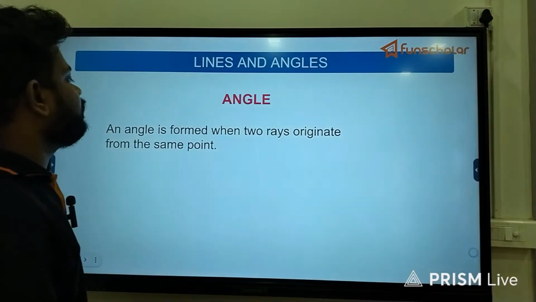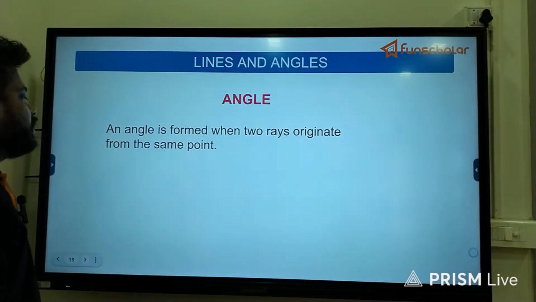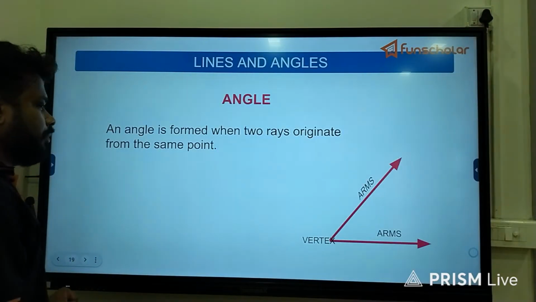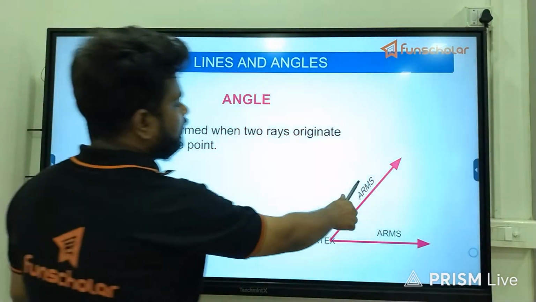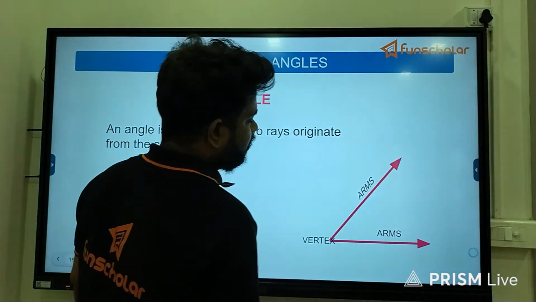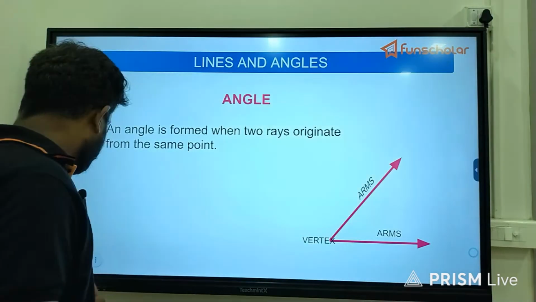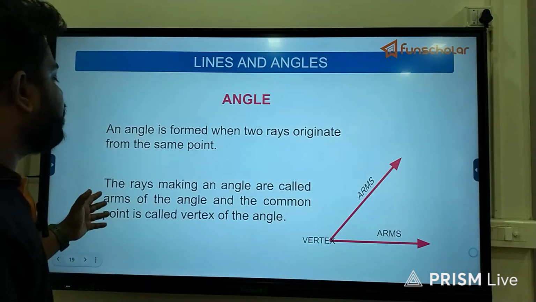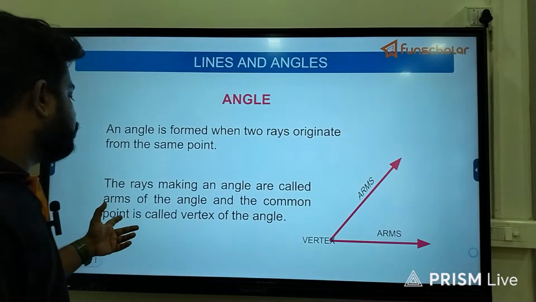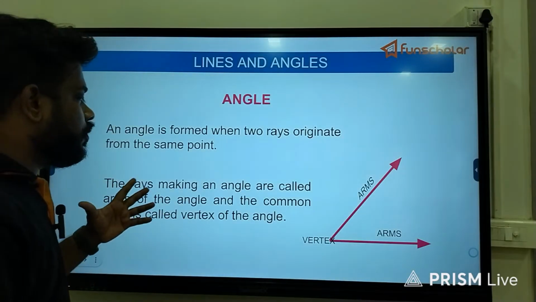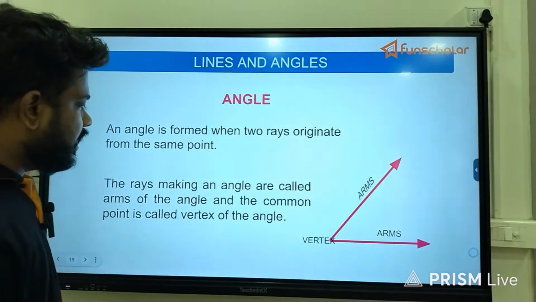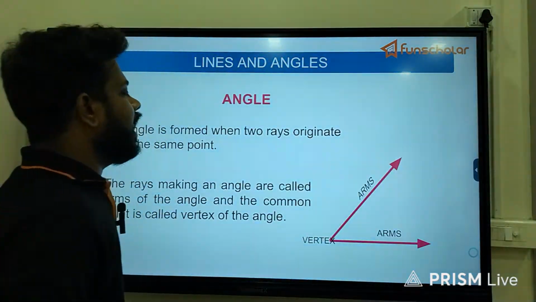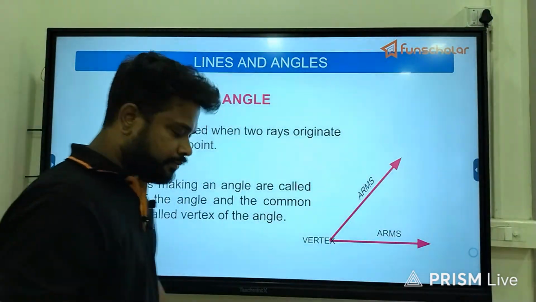An angle is formed when two rays originate from the same point, which we have already discussed. These two will be called the arms and this one will be called the vertex. The rays making an angle are called the arms of the angle and the common point is called the vertex of the angle.